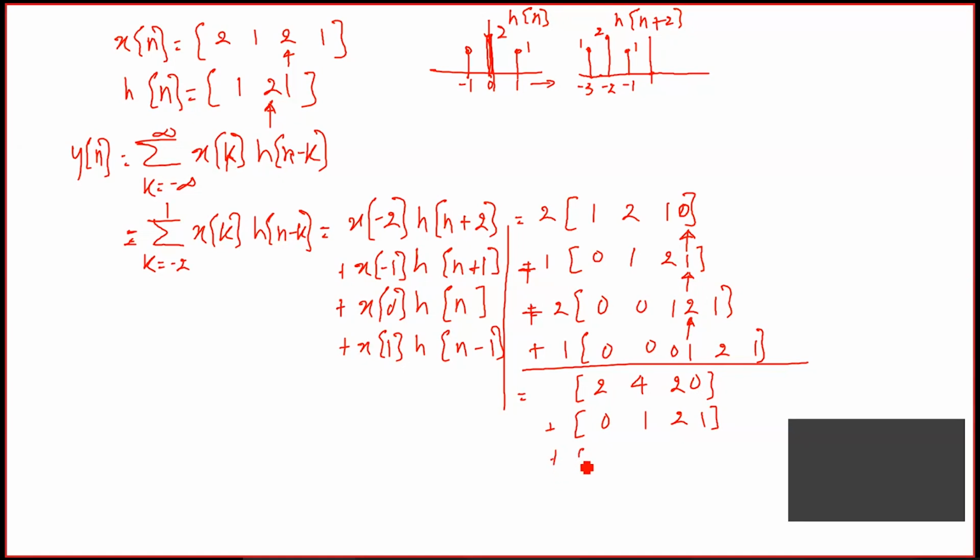The third one would be 2 zeros, and then 4, 2, 4, and 2. The last one would be 3 zeros, and then 1, 2, 1.